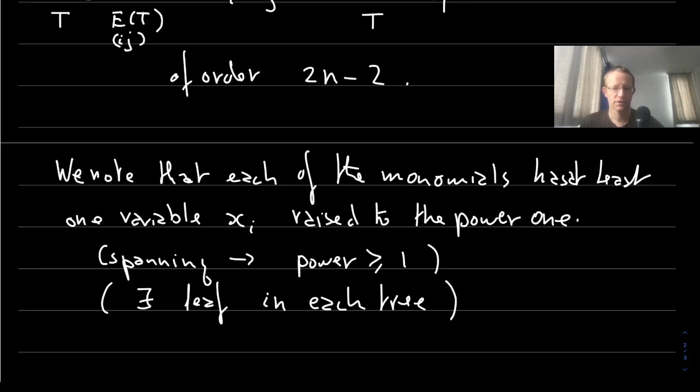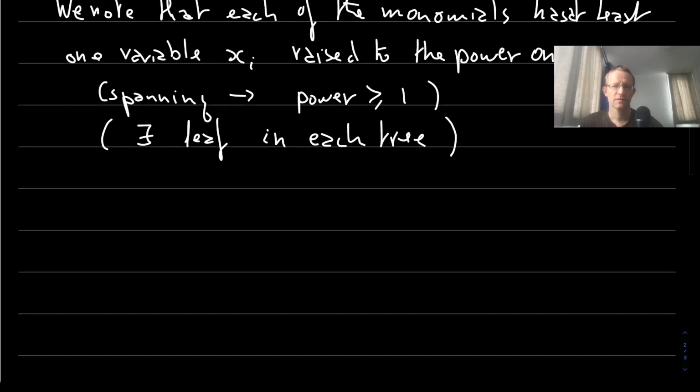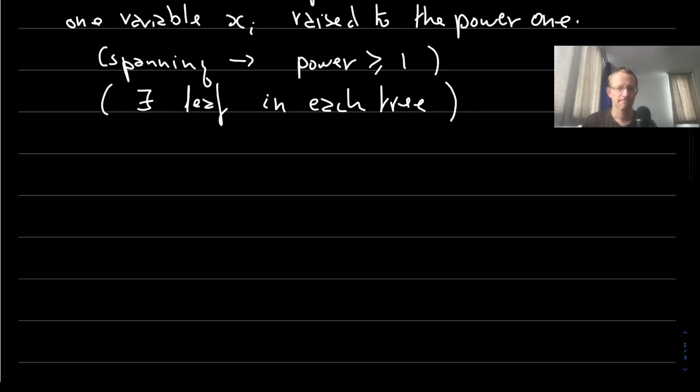So each tree has a leaf. So indeed, each of the monomials has at least one variable xi raised to the power 1.